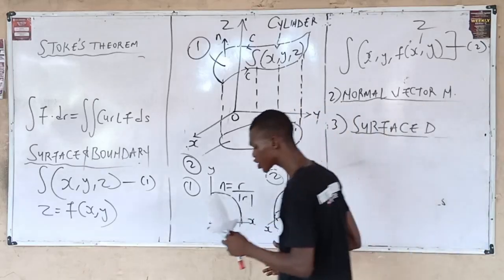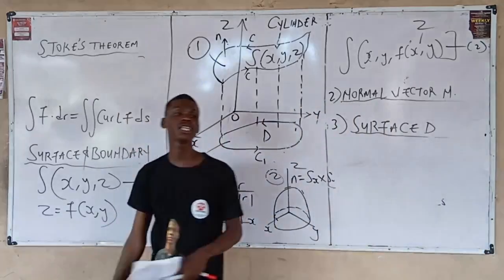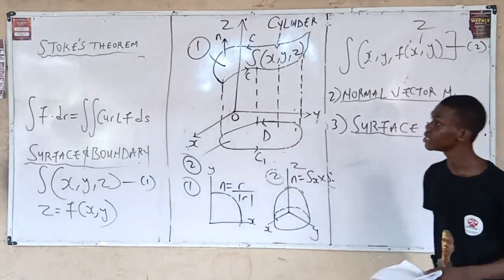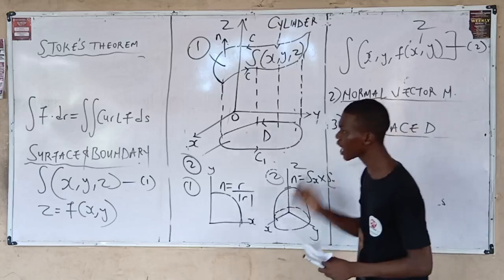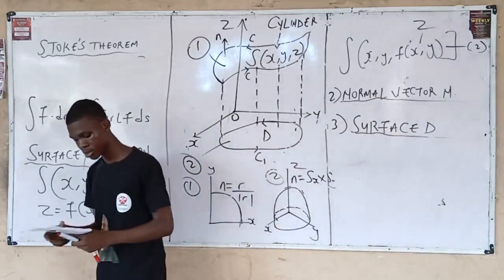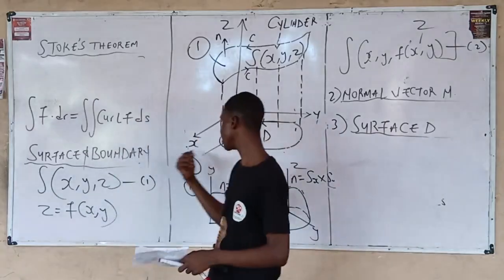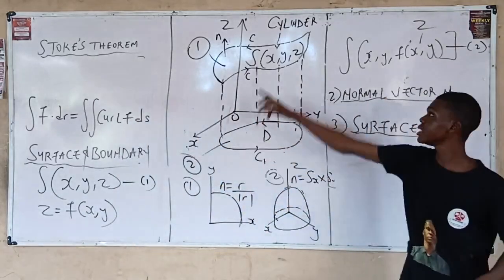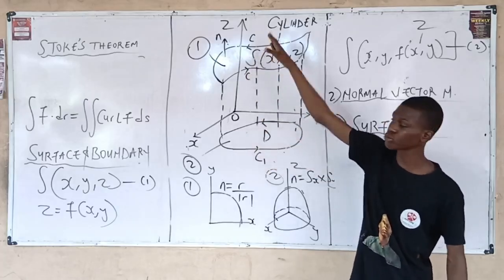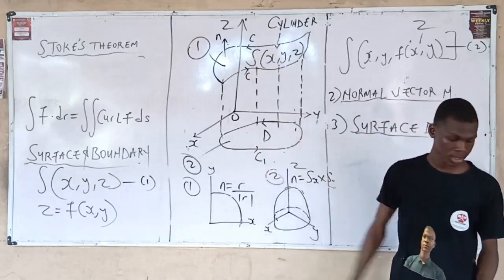D is a projection of x onto the x and y plane. This D, this x, is projected onto the x and y plane.